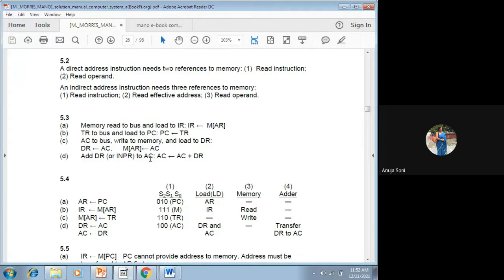In natural language, add DR or input register means one operand will be saved in the DR or input register, another operand will be there, we are assuming, in the accumulator register. Both will be added, and the result will be transferred to the accumulator register. So this will be your final register transfer statement.